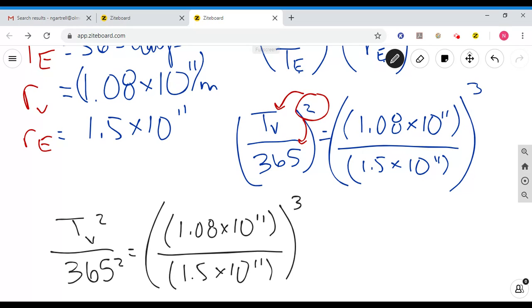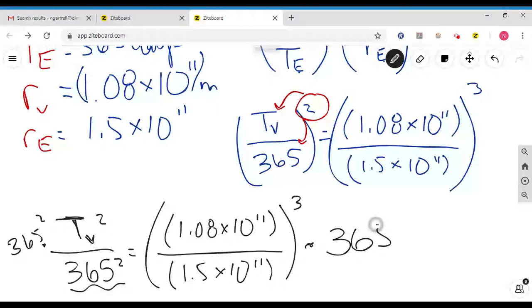All right, so if I'm solving for t sub v, I need to isolate it. So I need to move this over. So if it's being divided, I need to multiply. Make sure that you bring that square with you. A lot of people forget that.